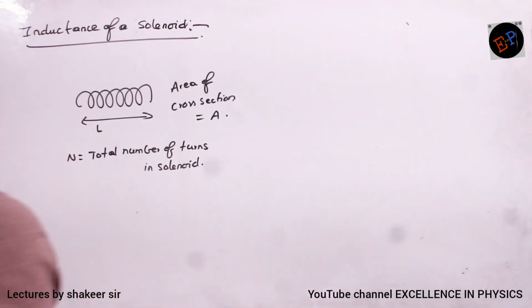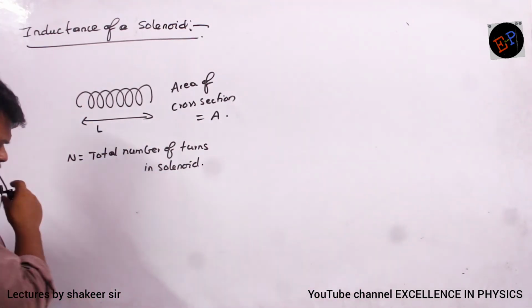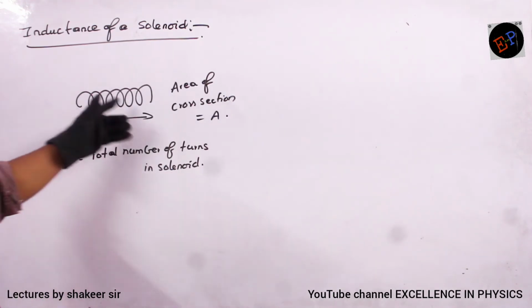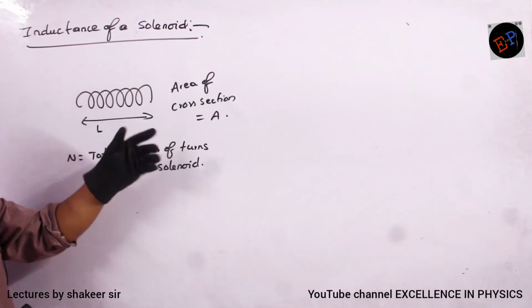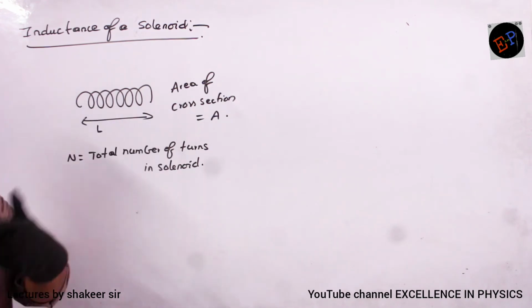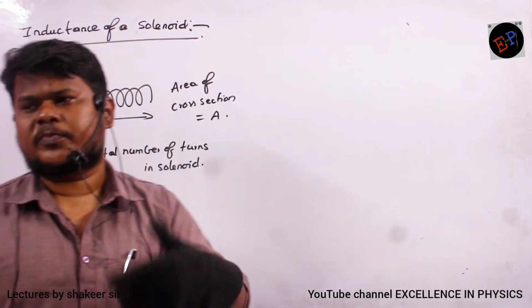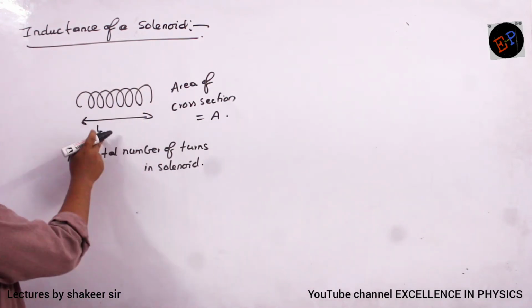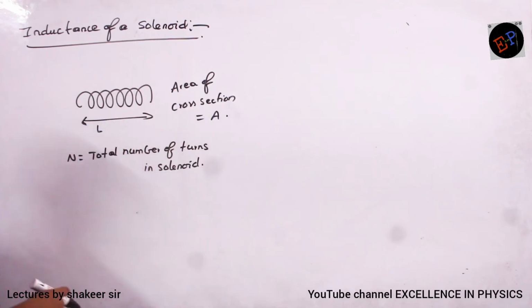Now we are supposed to write a formula to calculate the inductance of a solenoid. This is also an inductor. You can call it inductor, solenoid. Everything is the same. A conductor wound in the form of a spring. The length of the solenoid is L. Area of cross section is A. And N is the total number of turns present in the solenoid.